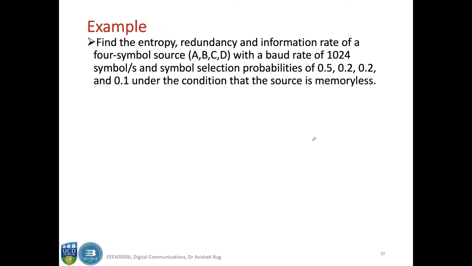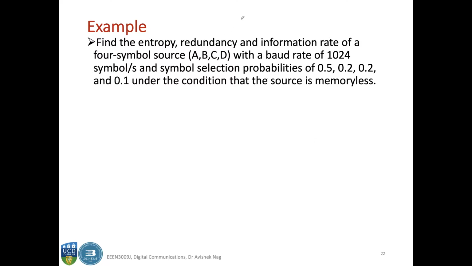So let's do an example. Find the entropy, redundancy and information rate of a 4 symbol source A, B, C, D with baud rate of 1024 symbols per second and symbol selection probabilities of 0.5, 0.2, 0.2 and 0.1.